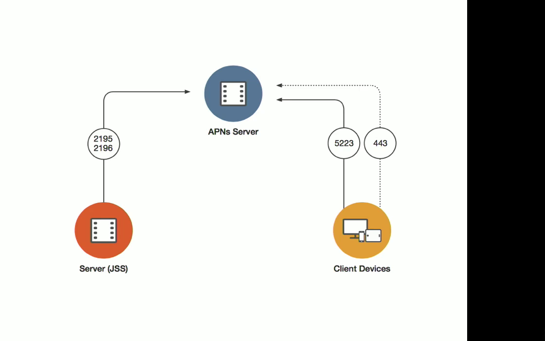And then came MDM. So MDM, has anyone ever seen a screen kind of like this one? So this is a JAMF screen. I tried to make this very vendor agnostic, so you'll see screenshots from other tools as well as we go through. But basically, here you have a device talking to APNs, APNs talking to client devices talking back to APNs.